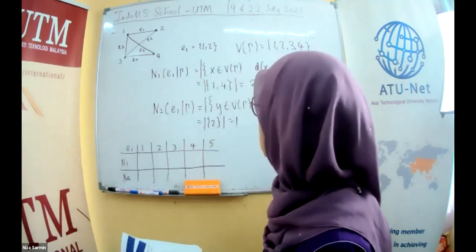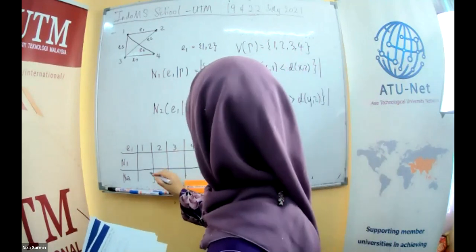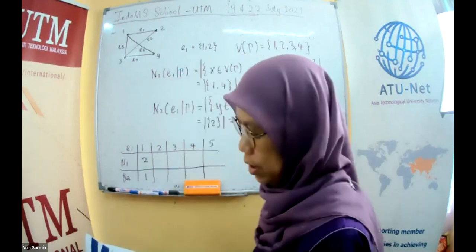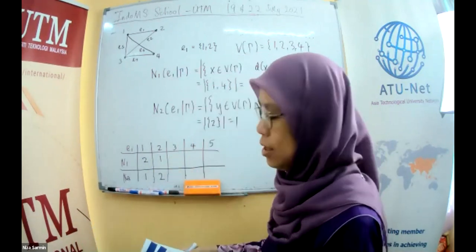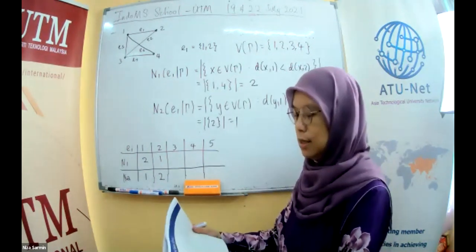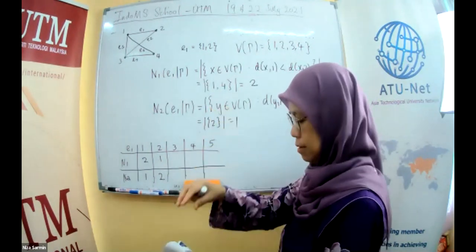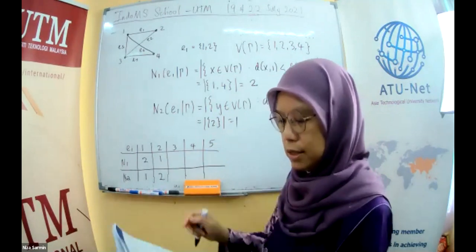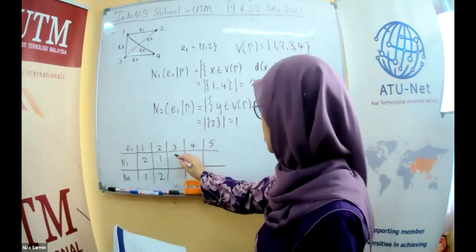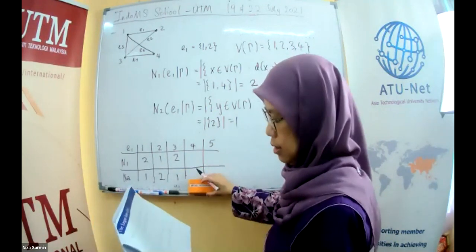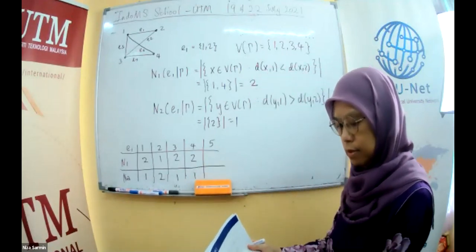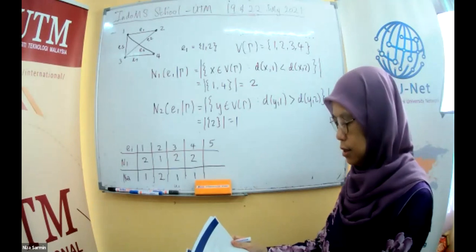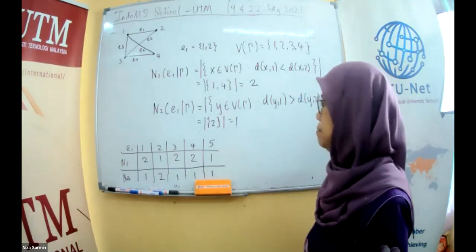For E1, just now we have 2, 1. For N1 and N2, it is 1, 2. All numbers, because it's the number of the elements inside. So this is 2, 1. This is also 2, 1. And the last one is 1, 1.